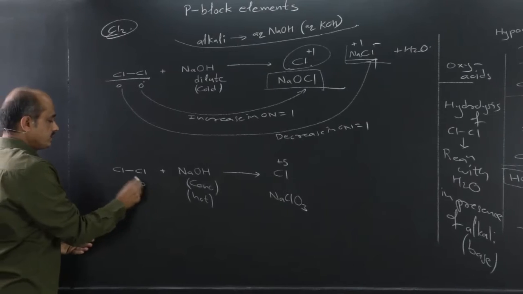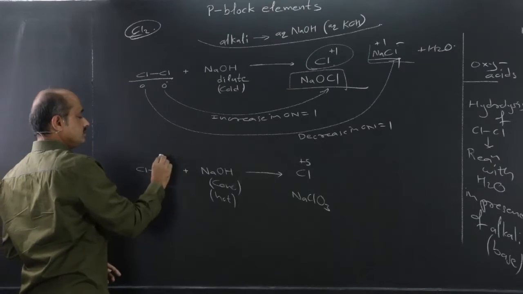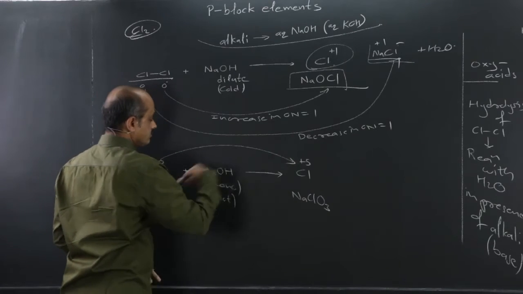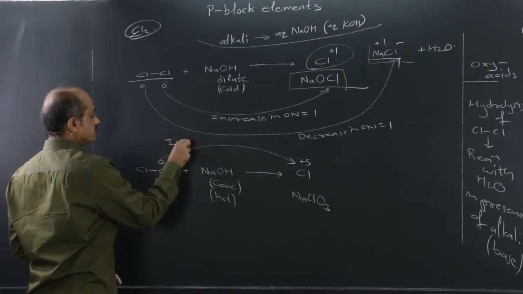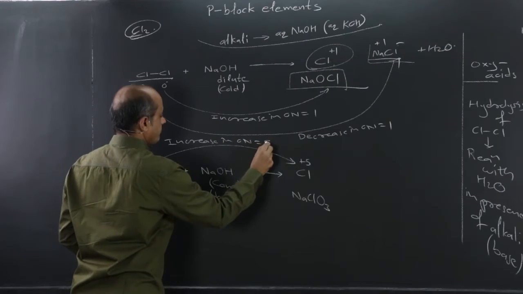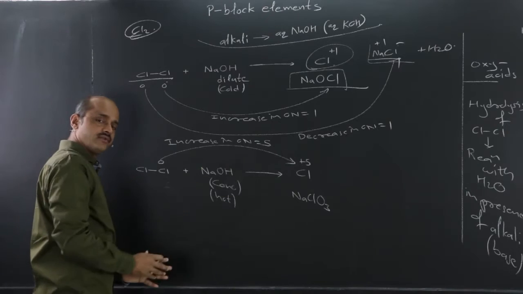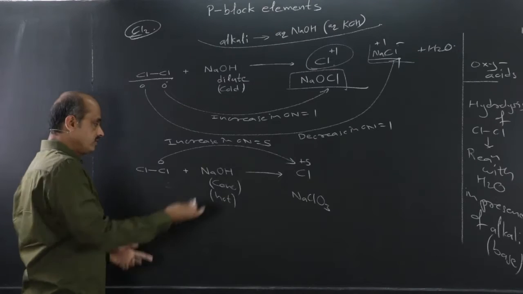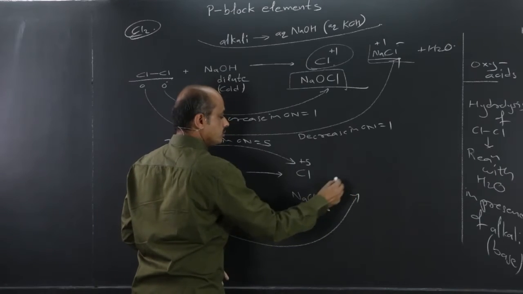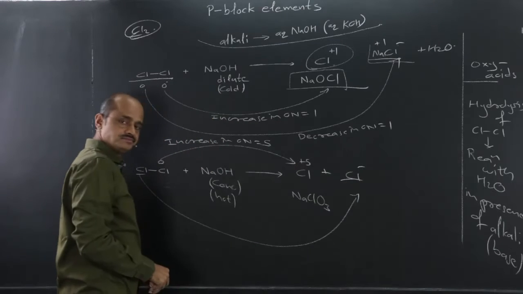Chlorine, when it changes from 0 to +5, with NaOH, first hydrolysis, then neutralization, has an increase in oxidation number equal to 5. So if released electrons are 5, gained electrons should be 5. To cover that, the decrease in oxidation number should also be 5. That will further get converted into NaCl.